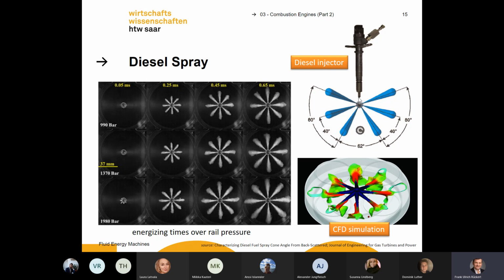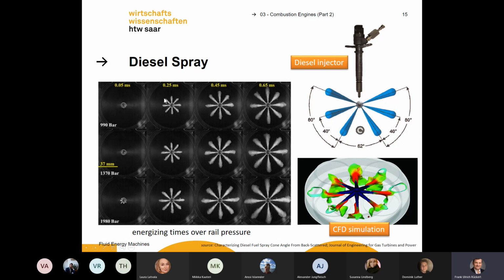We have pressures of 1600 bar, 2000 bar, 2500 bar. The pressures are really high, and you can also see that if you look at the parts: it's a massive steel part here, because of the high pressures.